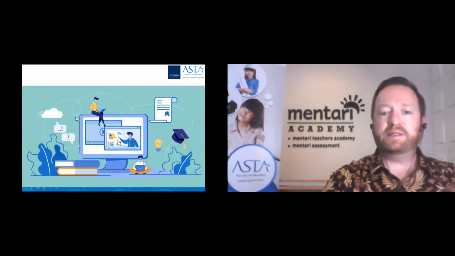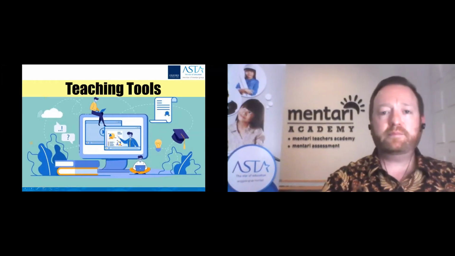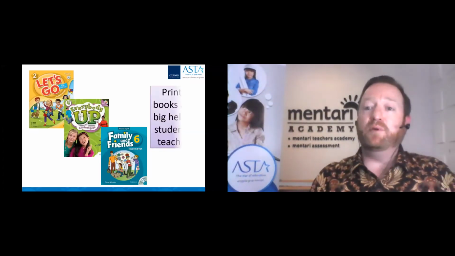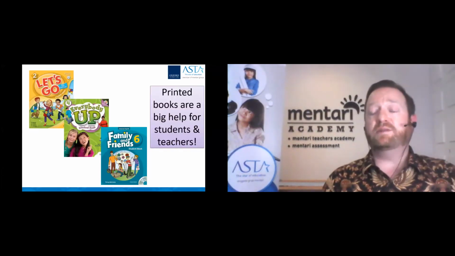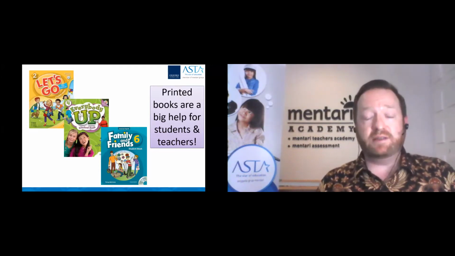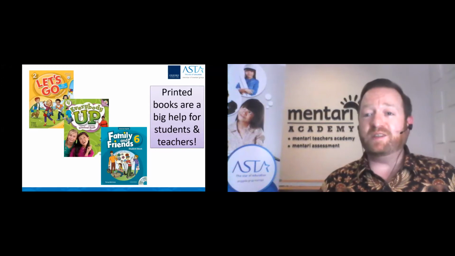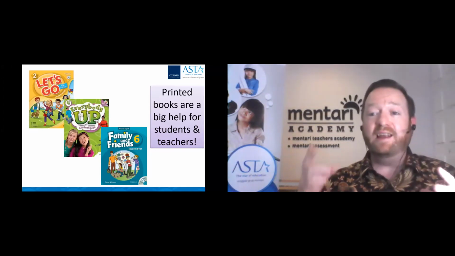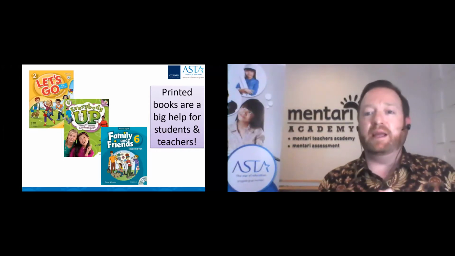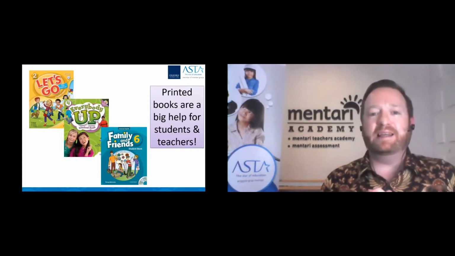Also from today, the teaching tools we'll be using, again, printed books are really useful and a big help for teachers and for students. Teachers is, of course, because then you have a course guideline and you can access all of the extra digital materials, including testing, which we'll talk about later.